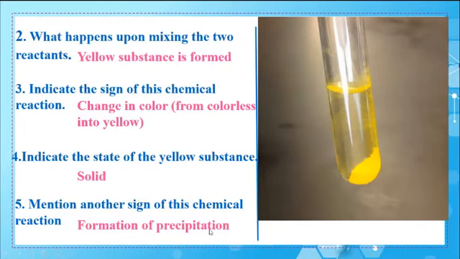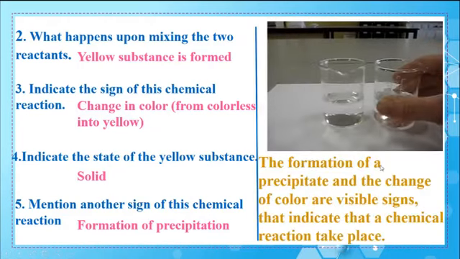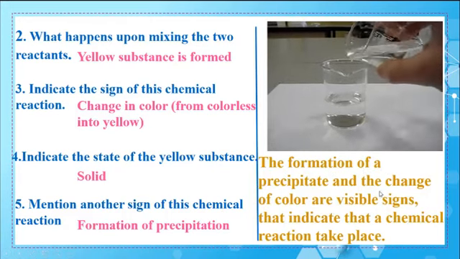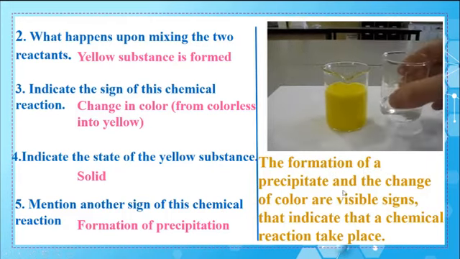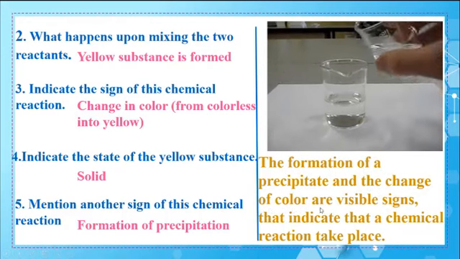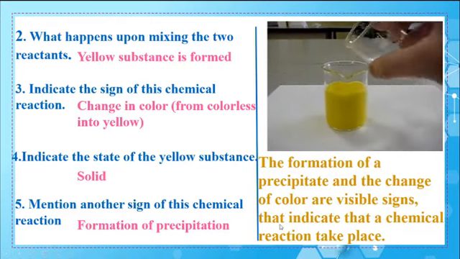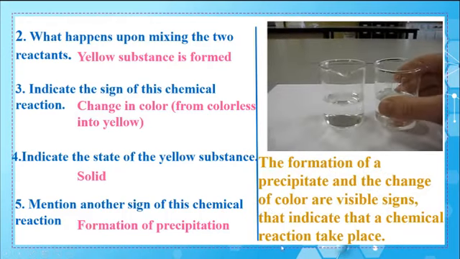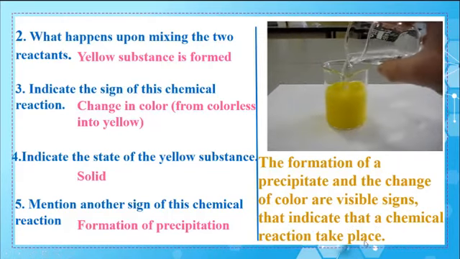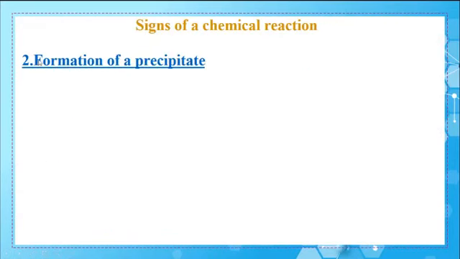Formation of a precipitate, where I started from two liquids to form a precipitated substance. In a solid state, the formation of a precipitate and the change of the color here are visible signs that we can observe that indicate a chemical reaction is taking place. Then, the second sign is formation of a precipitate.